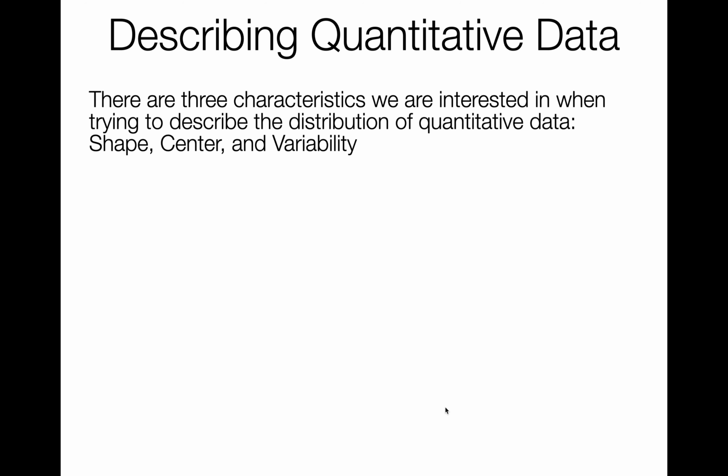In this video, we're going to continue to talk about Chapter 2, and specifically we're going to talk about describing quantitative data. As I mentioned in the last video, when I have categorical data, there are only so many options that I have when I want to describe it.